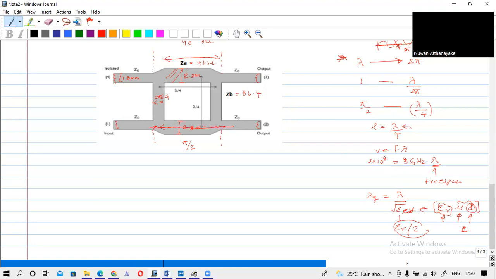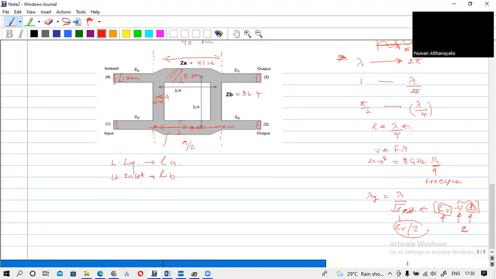But it has different impedance, so this length will be different. So in summary, the high impedance section will have one length, and the low impedance section has another length. This is the low impedance section length, and this will be the high impedance section length.